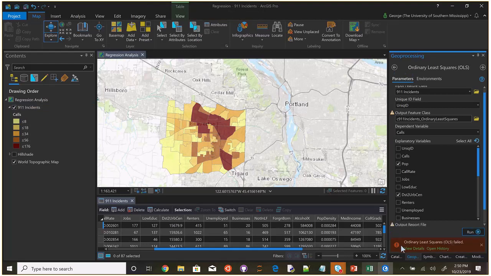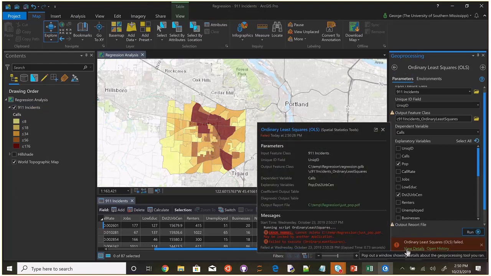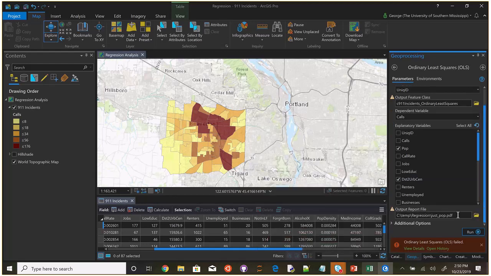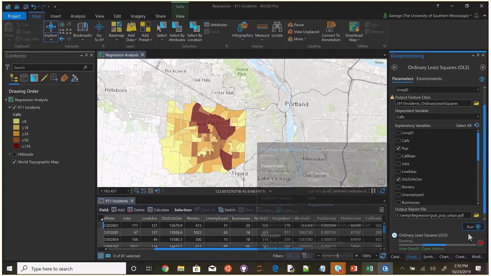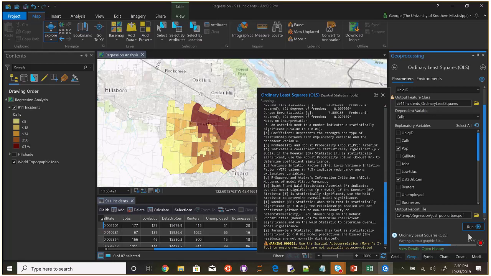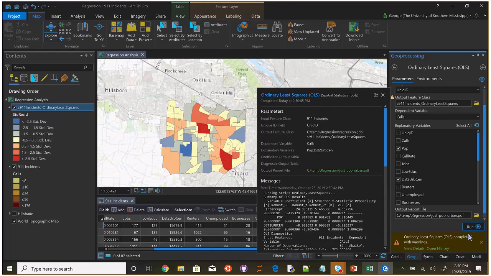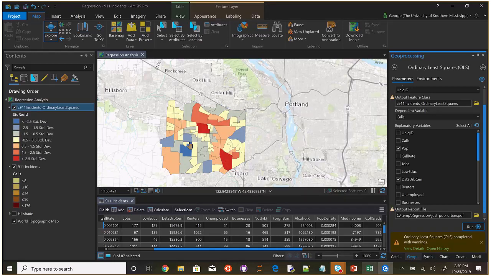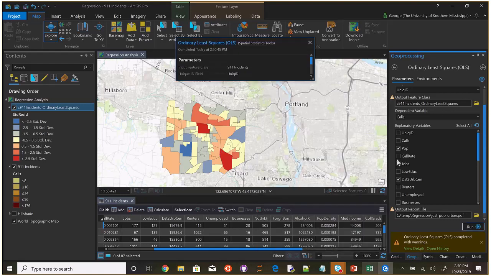Let's look at the residuals now. It's not letting me overwrite. There we go. So there are the residuals, and they do get a little bit more spread out, but they're still clustered there toward the middle. Because it almost seems like there's a corridor.